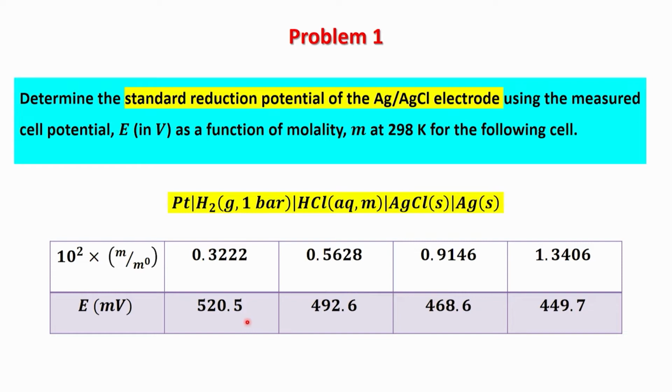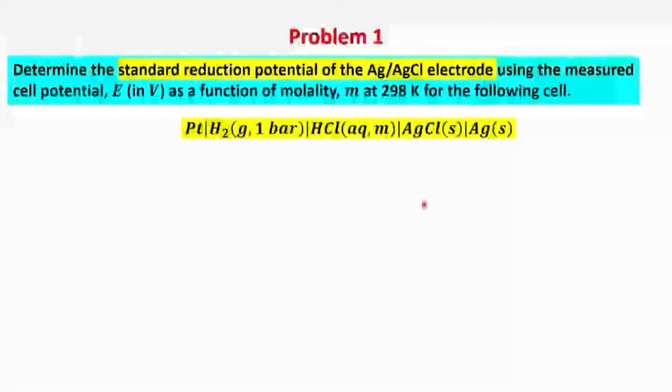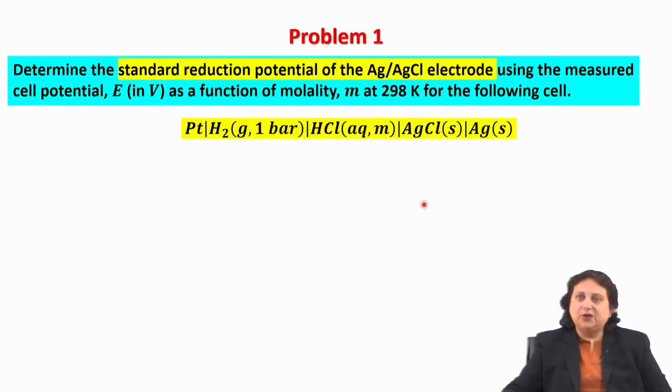Correspondingly, the cell potential varied from 520.5 millivolt to 449.7 millivolt. So, the task, looking at this data, is to find out the standard reduction potential of the silver chloride electrode, which has been used as the cathode in my electrochemical cell. Let us go ahead and see how we solve this problem.